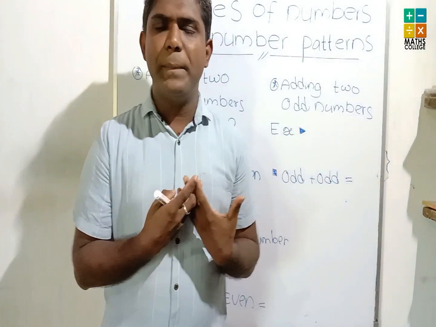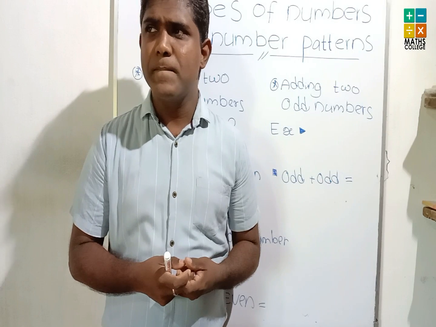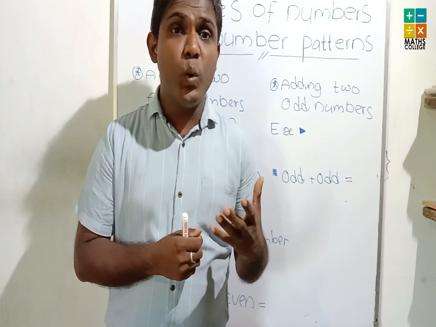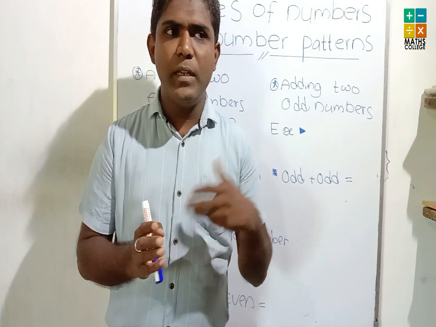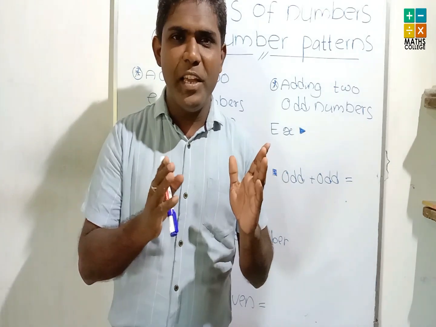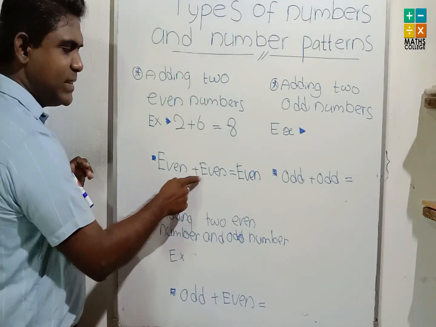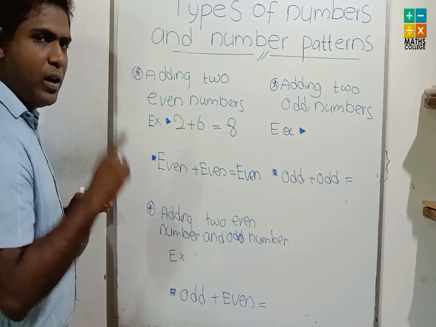Think of another example of your choice. 10 addition 2. 10 is an even number, 2 is also an even number. 10 addition 2 is 12. 12 is also an even number. Yes, this statement is true: even addition even, the answer is also even.